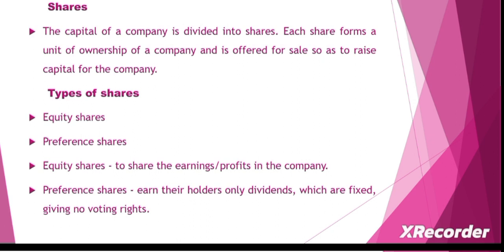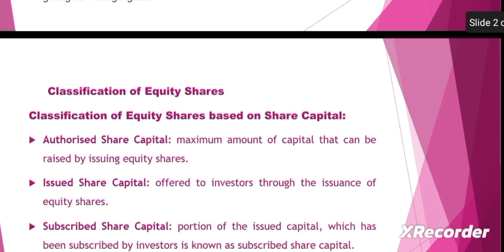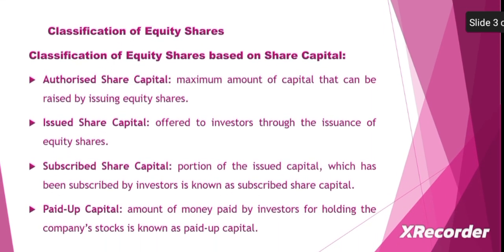Such a shareholder has to share the profits and also bear the losses incurred by the company. Preference shares mean the holder of the preference shares only earns dividends, which are also fixed, and has no voting rights.